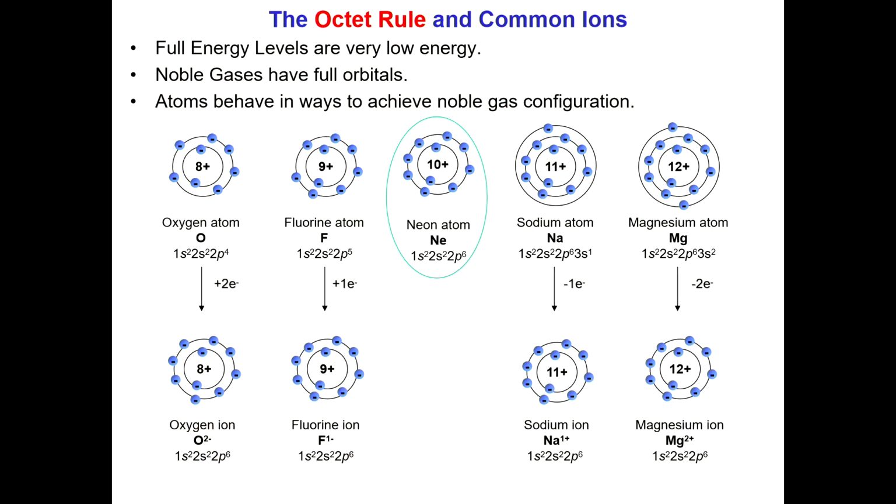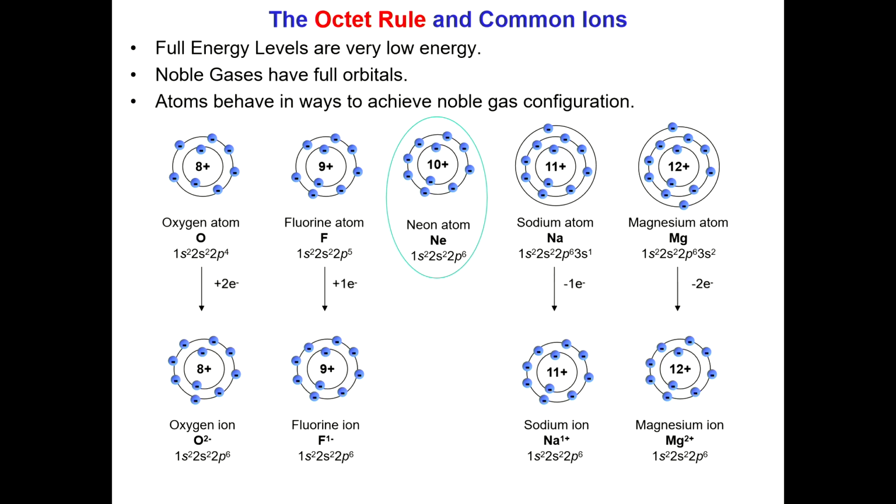So atoms behave in ways to achieve noble gas configurations. This means atoms try to become full subshell. For example, oxygen. We know oxygen is 1s2, 2s2, 2p4. Right?